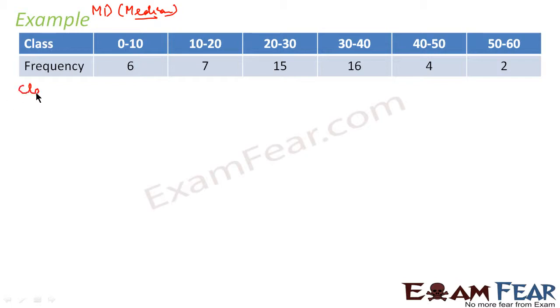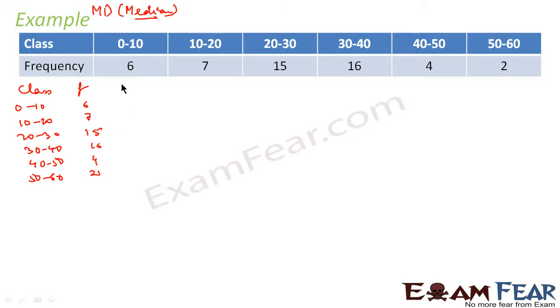This is the class 0 to 10, 10 to 20, 20 to 30, 30 to 40, 40 to 50, and 50 to 60 also. Once this is written, let's write the frequencies we have: 6, 7, 15, 16, 4 and 2.